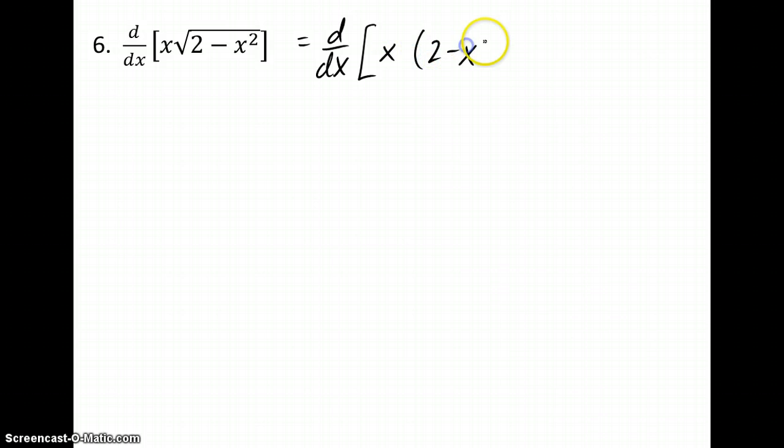All right, find this derivative using the product rule. We'll rewrite this so that the 2 minus x squared, we can see that raised to the 1/2 power. So now first times the derivative of the second.